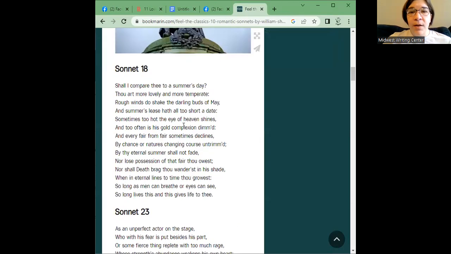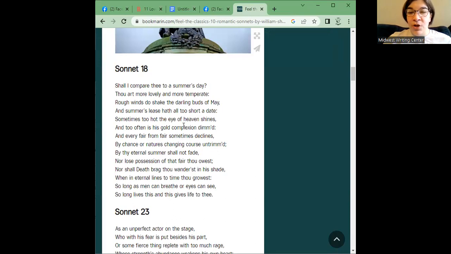Sonnet 18. Shall I compare thee to a summer's day? Thou art more lovely and more temperate. Rough winds do shake the darling buds of May, and summer's lease hath all too short a date. Sometimes too hot the eye of heaven shines, and too often is his gold complexion dimmed, and every fair from fair sometimes declines, by chance or nature's changing course untrimmed.